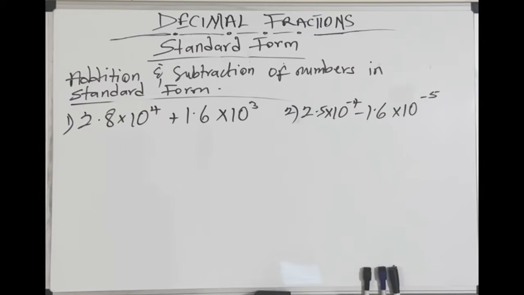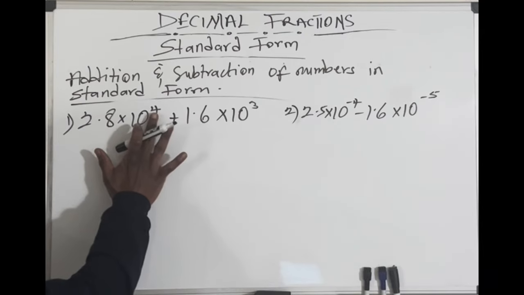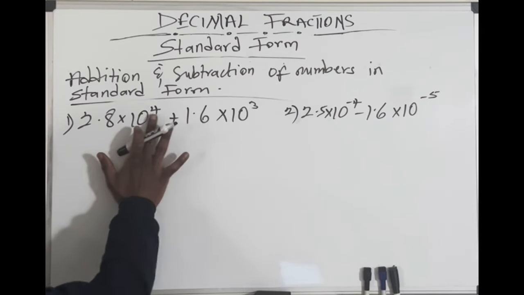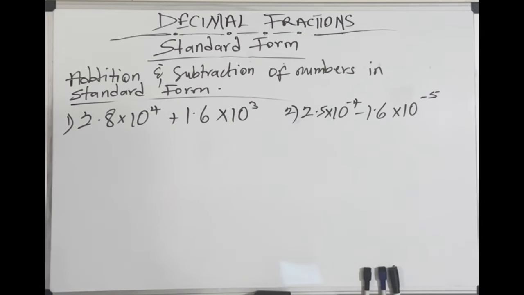Now we move to the example whereby we have different powers. This time around we don't have the same powers 4, 4, but we have different powers 4, 3. So in order to work these kinds of examples, what we do is we express each number in full.